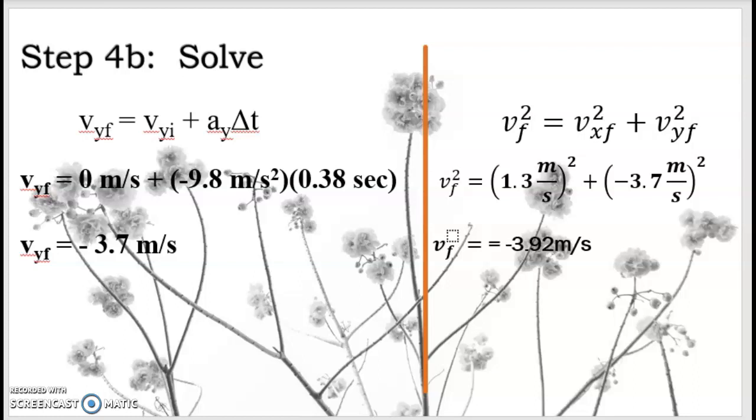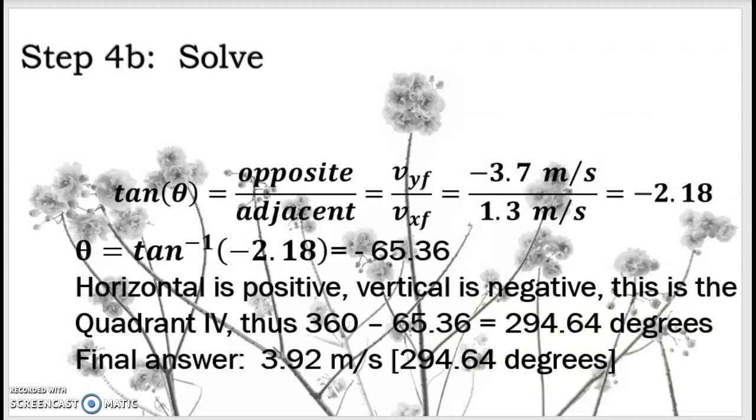But because velocity is going to be something where I have to have a direction, I need to do a little more work. So we have to remember what we did earlier in the year, and we're going to be using tan to the negative 1 to find our theta. So first I have to find that it's opposite over adjacent. So I find that tan theta is going to equal negative 2.18.